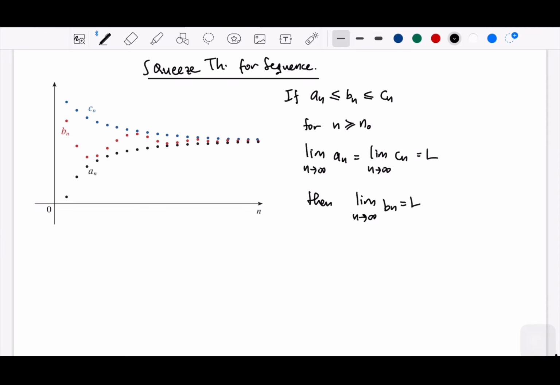Well, let me write two simple theorems below here. The first one is the power law, where p is the power.